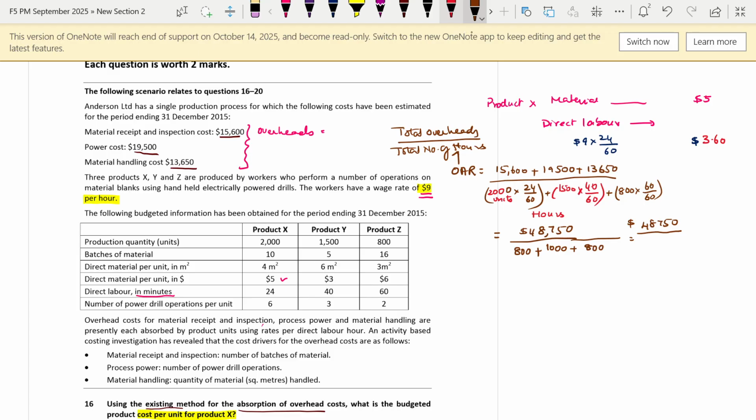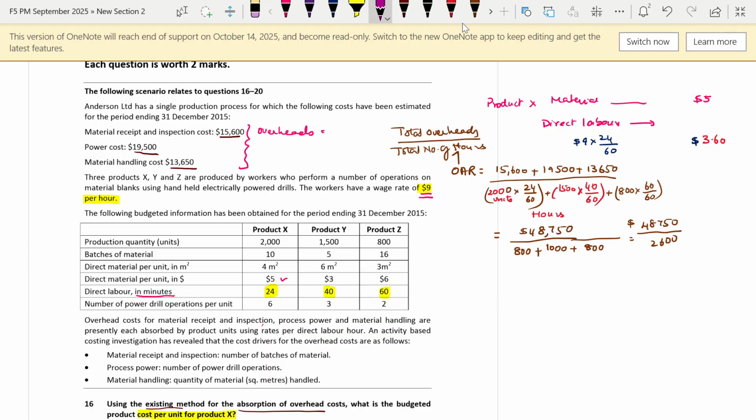Doctor, why did you take 24 for direct labor first? You didn't take 40 or 60. See, how much direct labor? 24 minutes, 40 minutes, 60 minutes.